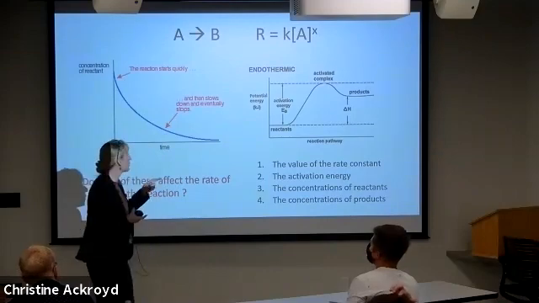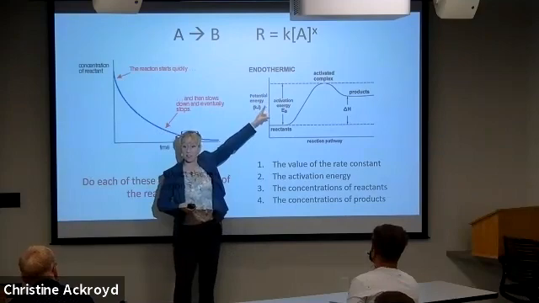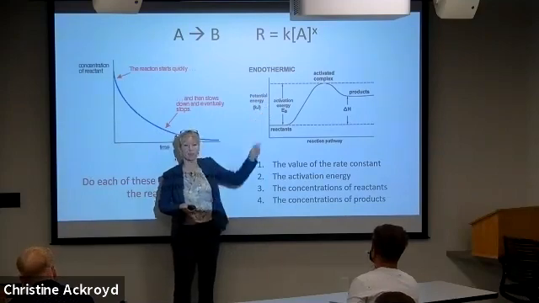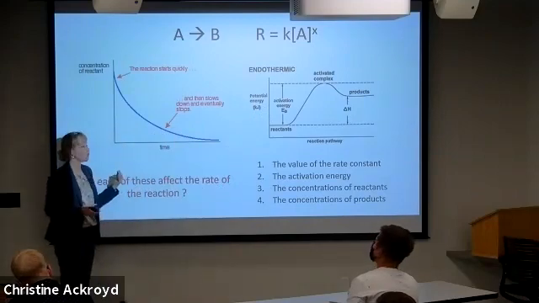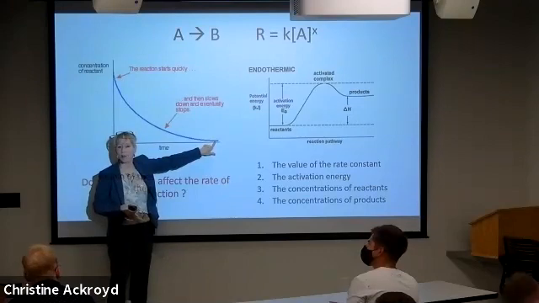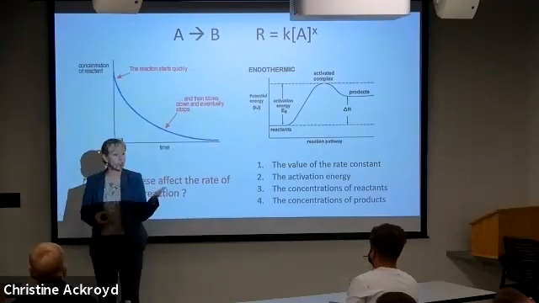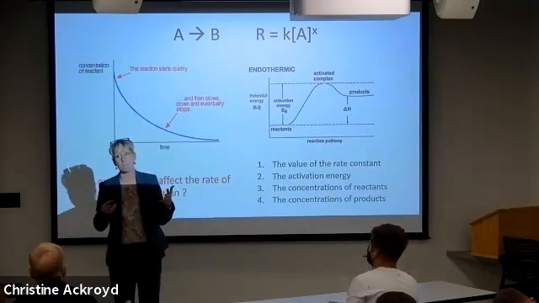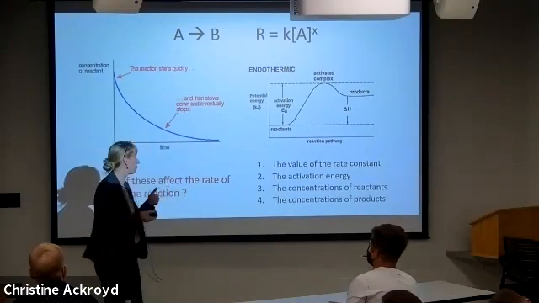Does that influence your starting material concentration? Yes. So the rate of the backwards reaction does end up influencing the rate. And in fact, when we get to a 0 rate, what does that happen? That happens because the concentration of products is high enough that it causes the backwards rate and the forward rate to be identical to each other.